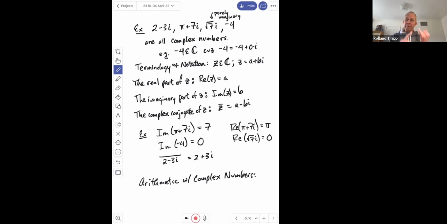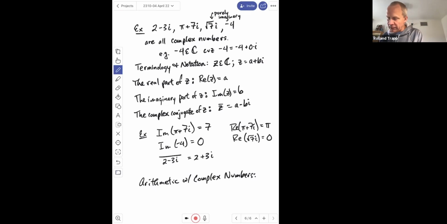By arithmetic, I mean addition, subtraction, multiplication, and division. You give me two complex numbers, I should be able to add them, subtract them, multiply them, divide them. Okay. And when I add two complex numbers, I should get another complex number. When I divide two complex numbers, I should get another complex number, and so on.